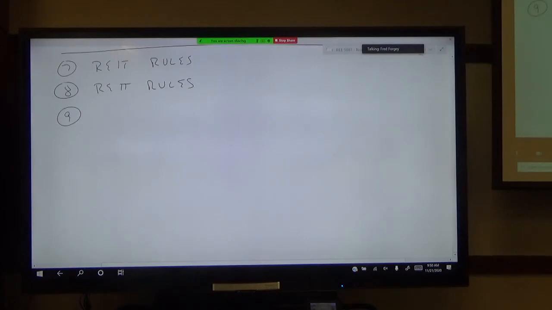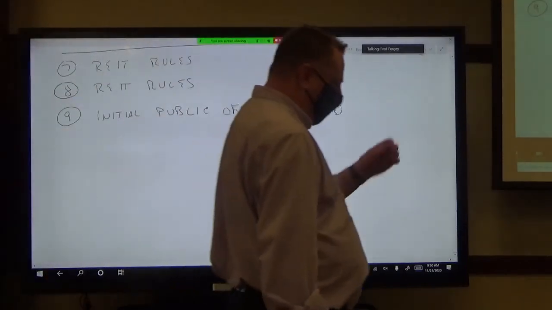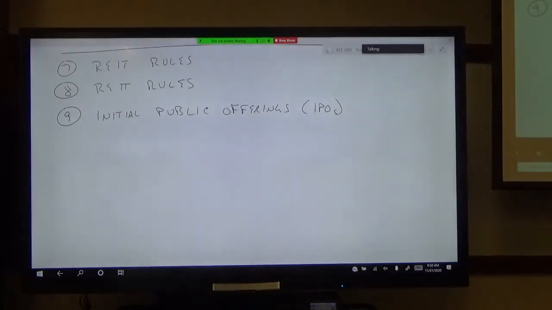Let's talk real briefly about initial public offerings, also known as IPOs, for real estate. So, IPOs are not something that you're going to deal with in the traditional sense with a small project, okay?